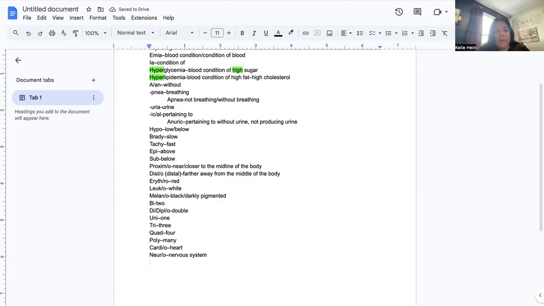Now, we have a couple of things here. We can do musculo. Some medical terms are going to have multiple roots. So musculo and myo, guys, both are going to refer to muscle or the muscular system.